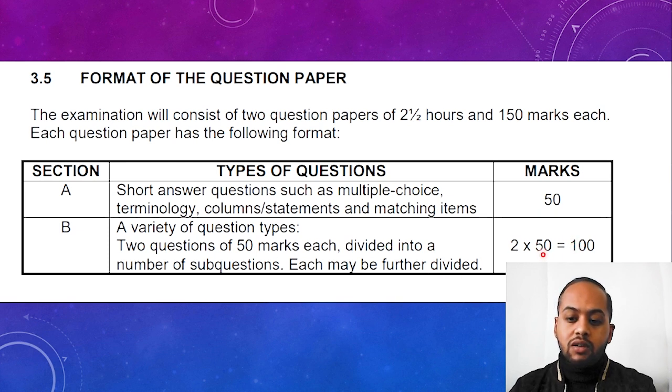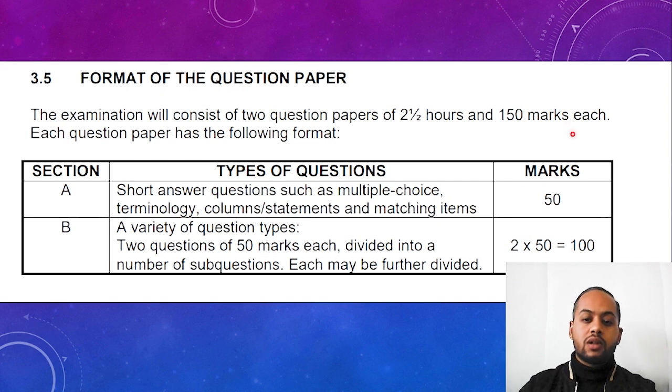The mark allocation will be 50 marks per question, so it will be 2 times 50, gives you a grand total out of 100 for section B. So therefore, if you get the grand total of the entire question paper, it will be 50 marks for section A plus 100 marks for section B, gives you that grand total of 150 marks. Remember that you will have 2 question papers, so it will be paper 1 as well as paper 2. Paper 1 comes out of 150 marks, paper 2 out of 150 marks as well.